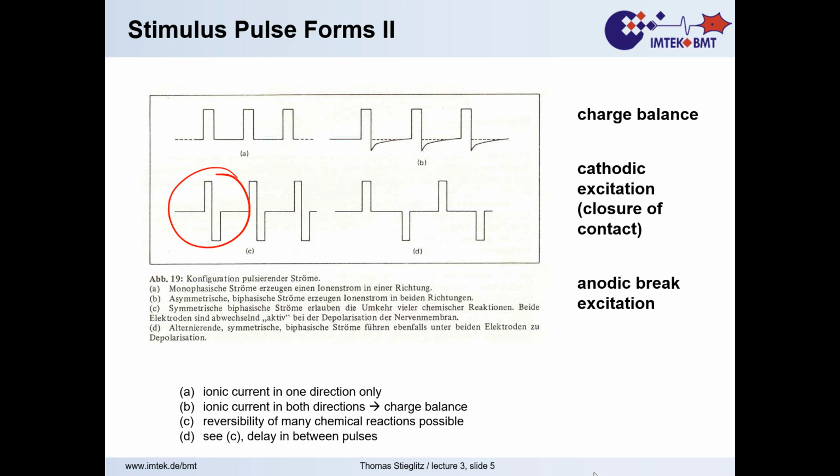Why? Try to make a sketch here. If we have excitation on the cathode, and we have a current source here that goes to the anode.